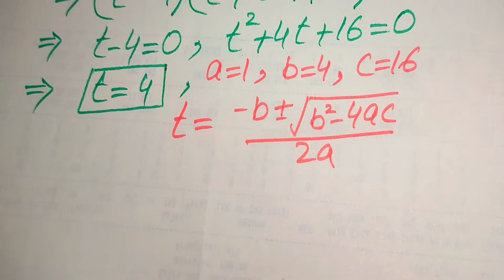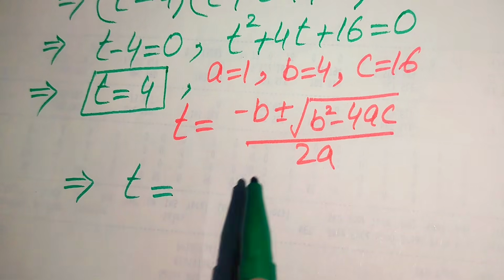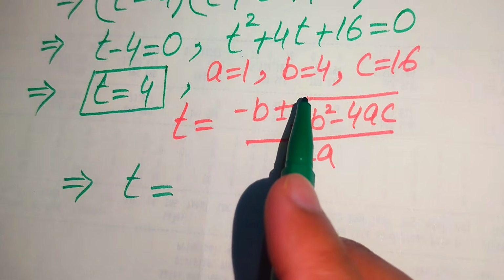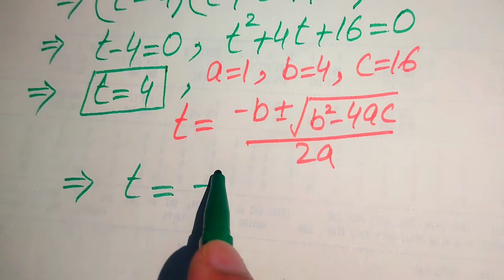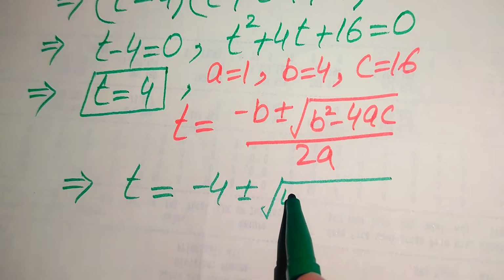So here we substitute all the values of a, b and c in this formula, and it will be written in this form. We have t is equal to minus b, the value of b is 4. When we put it here, it becomes minus 4 plus minus the square root of b squared.